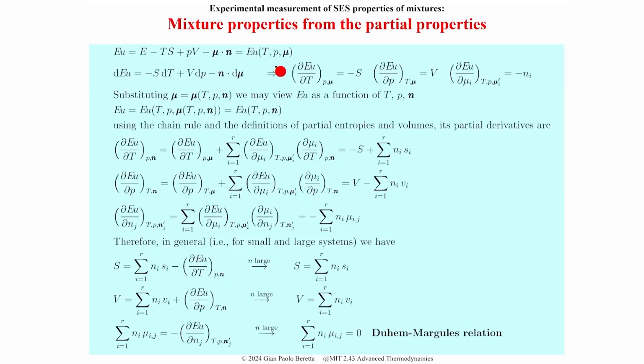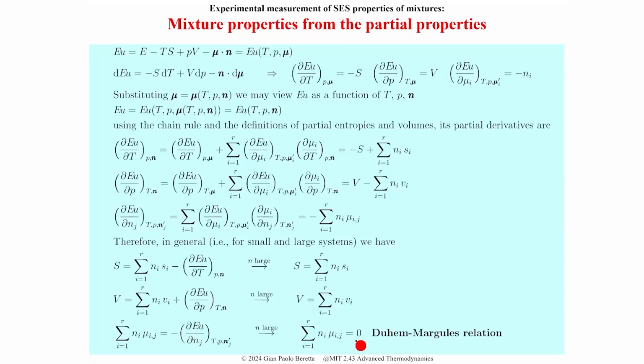If you do carefully the derivatives as we are doing here, this becomes equal to this summation, which is written here again. And since in the large limit Euler is equal to zero identically, it means that this summation is equal to 0 identically.